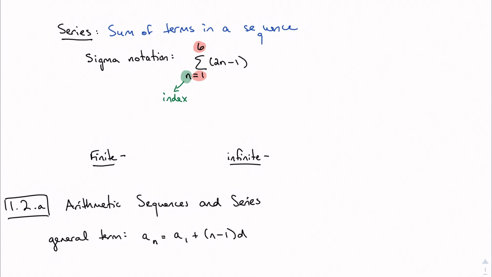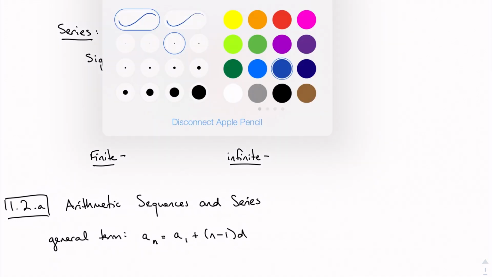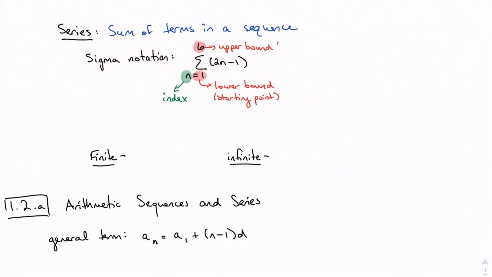My summation, I have to tell my summation how far I'm going, right? Where my starting point is and where my ending point is. So this index has a lower bound, my starting point, and an upper bound, my ending point.